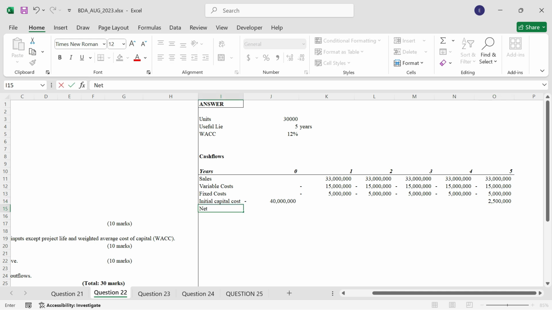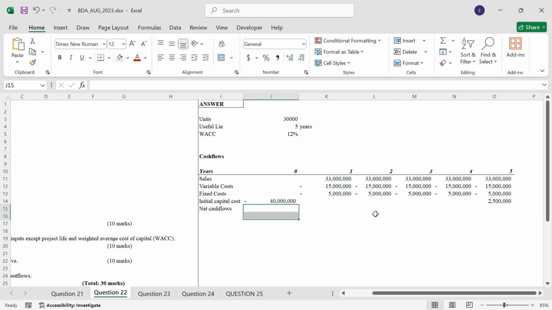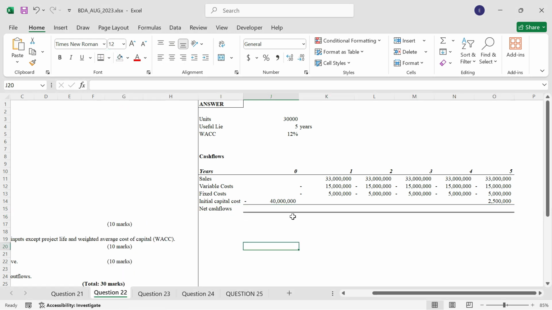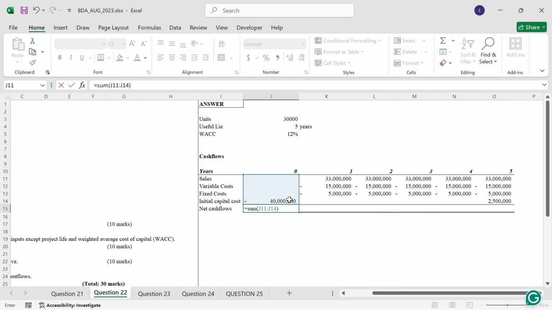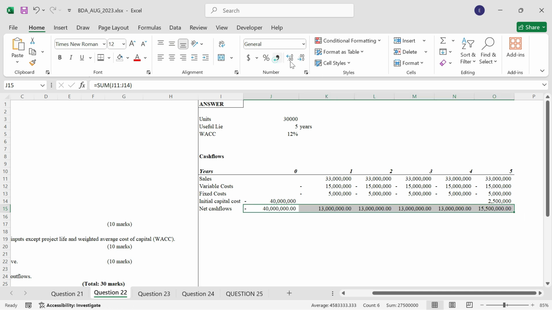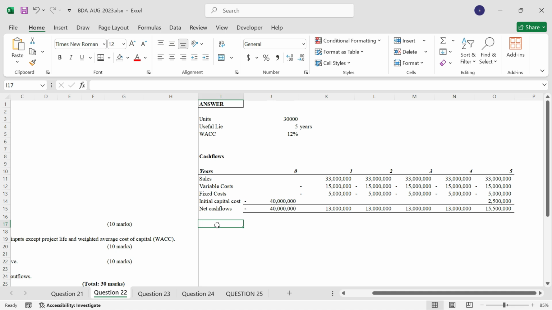Then I will get my net cash flow as the sum of all my cash flows, which I can then use to calculate the base NPV.